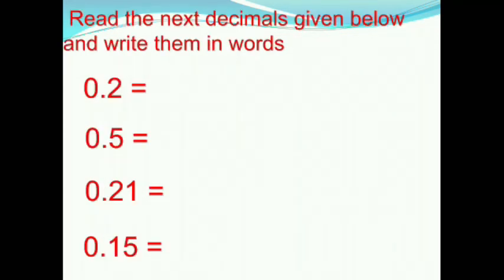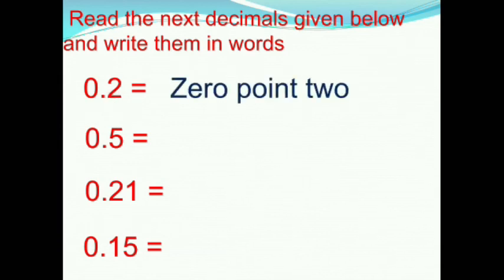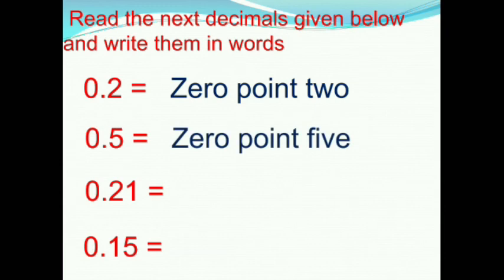Children, see this question. Read the decimals given below and write them in words. See the first one. Here 0, then we have point, then we have 2. We will read it as 0.2. Children, see the second question. First we have 0, then point, next 5. We will read it as 0.5.